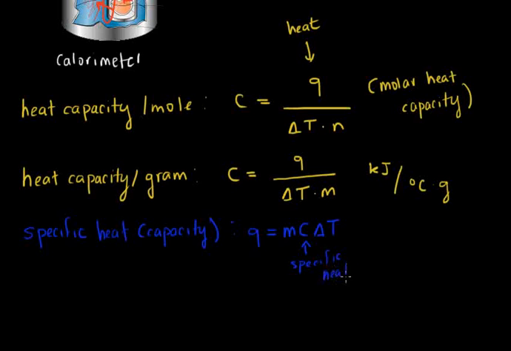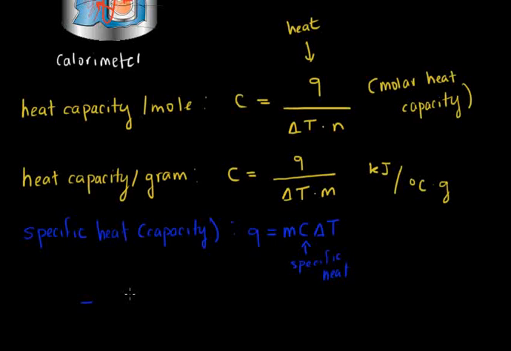And we can see the units work because if we multiply c, which has units of joules per degree Celsius per gram, by grams and by degrees Celsius, or by some unit of temperature, we're going to be left with a unit of energy and heat, which is what we need for this Q all by itself on the left-hand side.